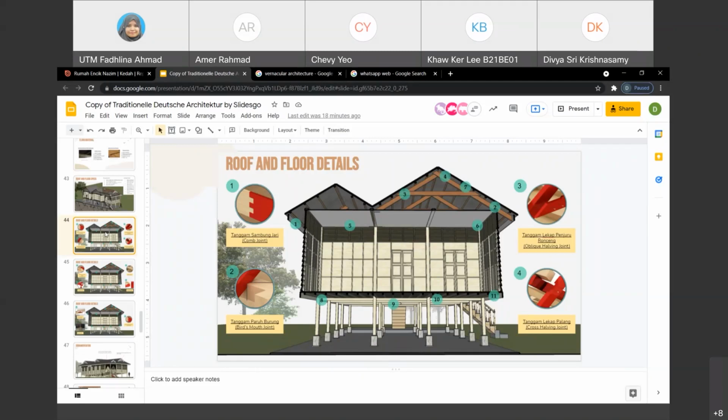They smash with a hammer and with a nail. It's called tanggam lekat penjuru runcing, oblique halving joint. And for number 4, tanggam lekat palang. Also the same way, smash with a nail and create some slot to put together. Next please.